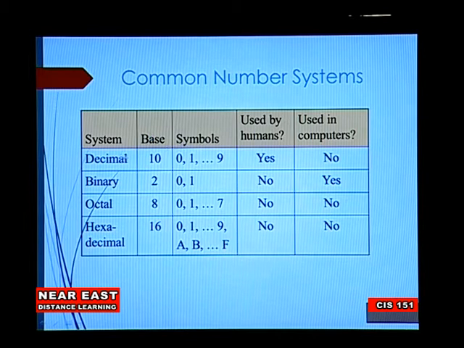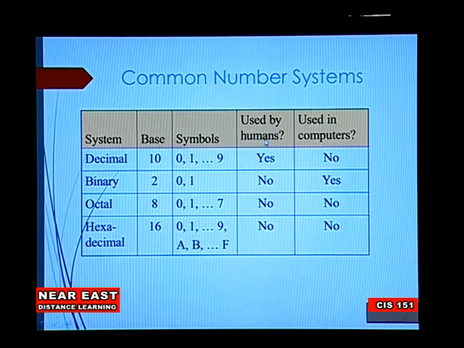The digits of decimal are from 0 to 9, so it starts from 0 until 9, which makes 10. Binary has only two numbers, 0 and 1, and that's all the binary understands. Octal is from 0 to 7, and hexadecimal goes from 0 to 9, and then from A to F.